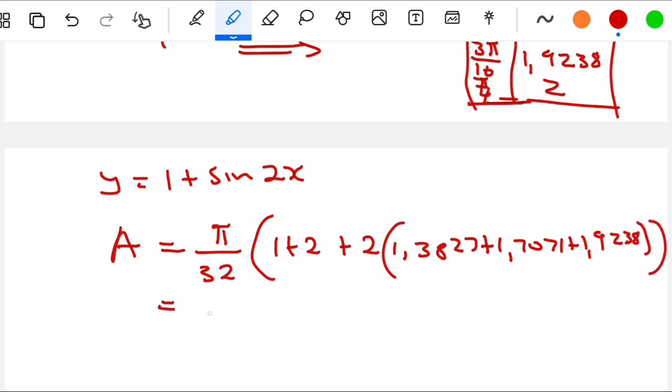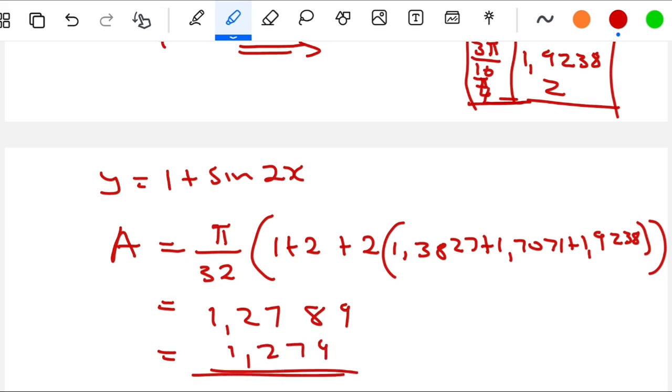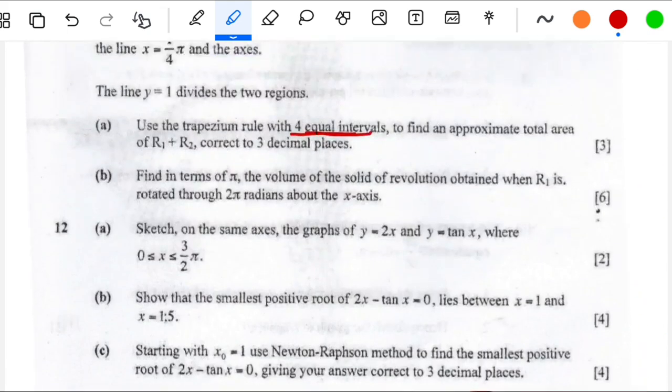Okay, then our answer there is going to be 1.2789, which is the same as 1.279. Okay, this is our answer there.